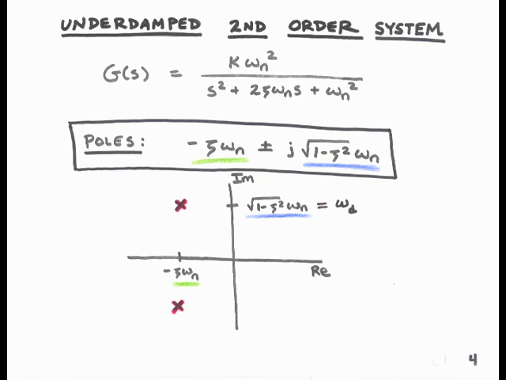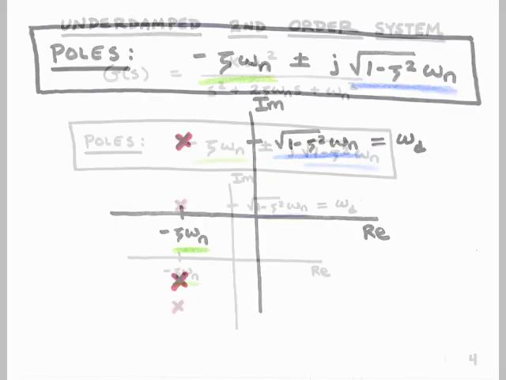On this page, I'm again showing the standard form for our second-order system. K omega n squared divided by s squared plus 2 zeta omega n s plus omega n squared. The poles of this transfer function are minus zeta omega n plus and minus j square root of 1 minus zeta squared omega n.